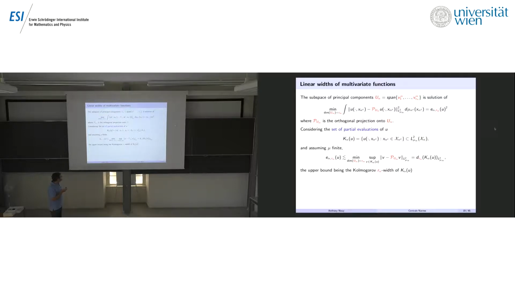If you assume that mu is finite, you obtain easily a bound here by taking the supremum over the set that you have here. You obtain that this best approximation error is bounded by the minimum over all subspaces of dimension R_alpha of the worst error of projection on the set K_alpha, which is no more than the Kolmogorov width of the set which is here. Okay?